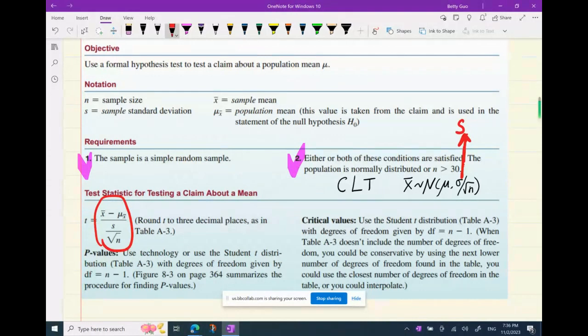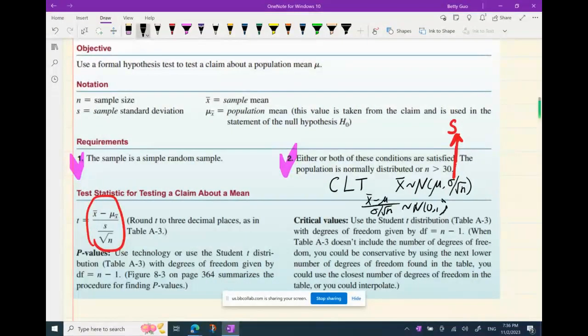This is a Z. If you standardize X bar minus mu all over sigma over root n, this is a standard normal. Standard normal is also called Z distributed, right?